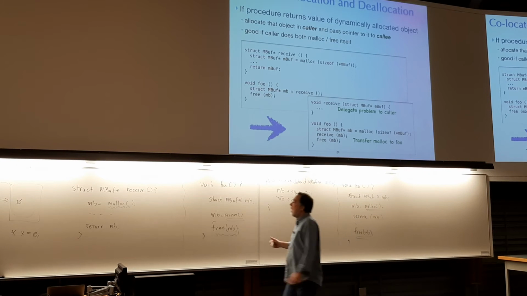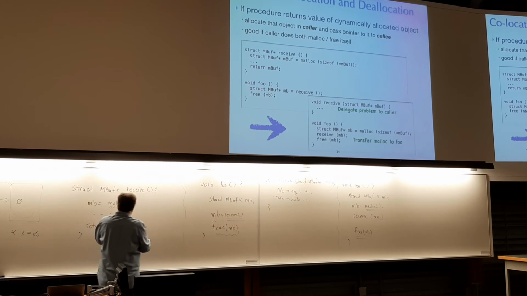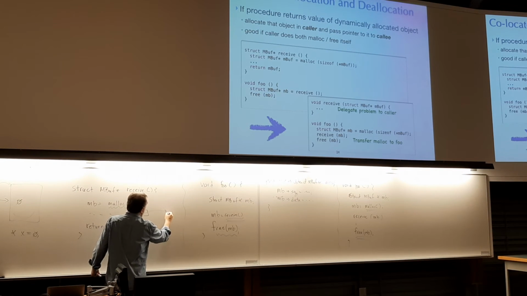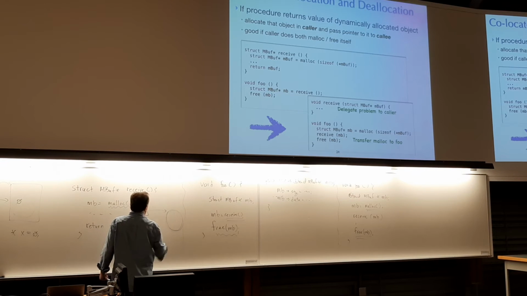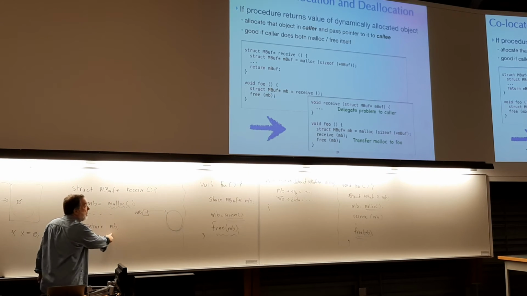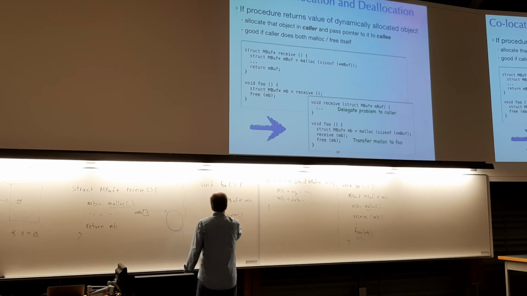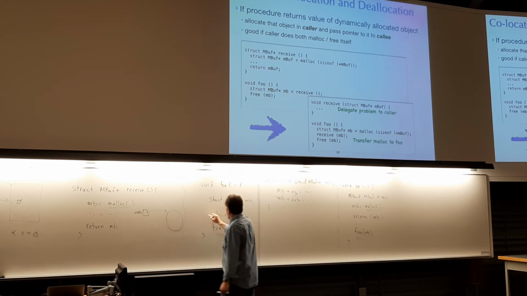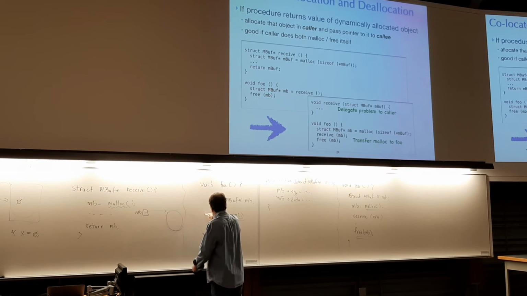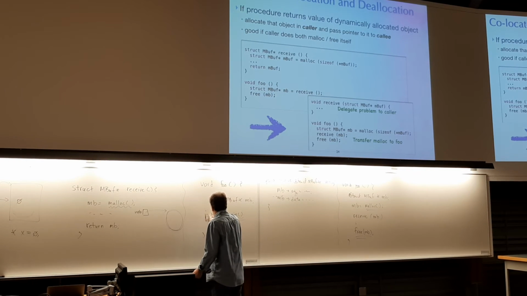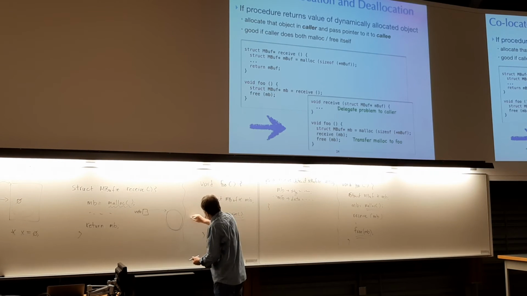What happens here is that I have a local variable MB. I call malloc. I get a buffer. I then return it. So when I return it, at this point, this variable MB, right after, now points to that.